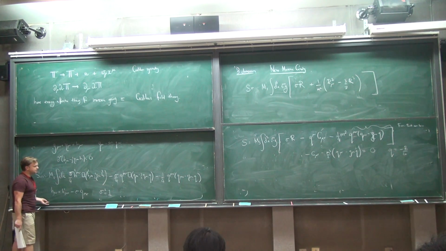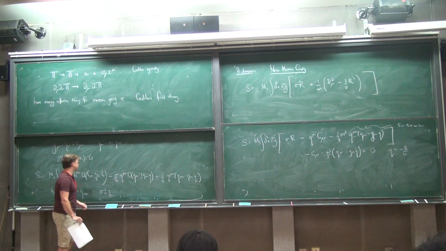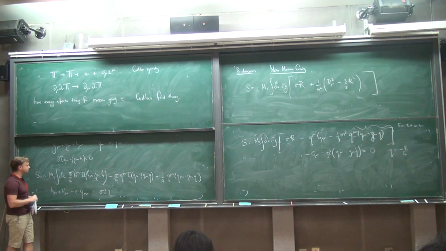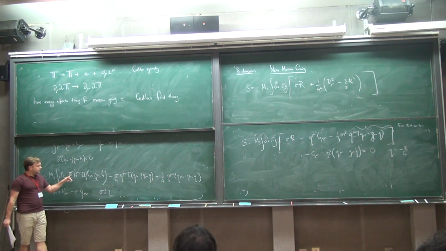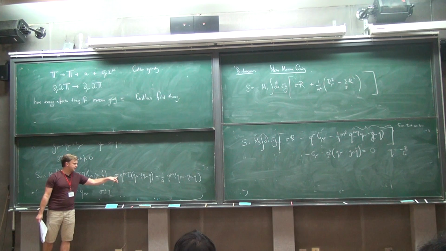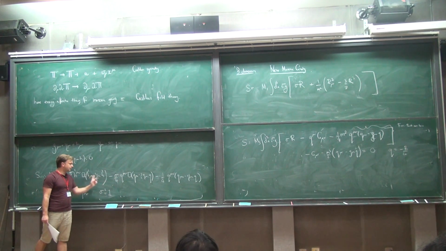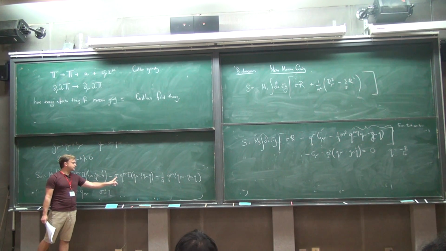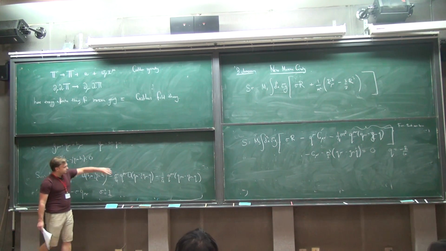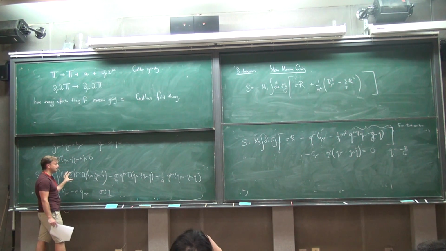And so this theory is still fundamentally a theory in which the propagating degree of freedom is a massive graviton. Now you see there's a sign difference between this kinetic term and this kinetic term, and one is always a ghost relative to the other. But we could have chosen the sign of sigma so that this one is not a ghost, or this one is a ghost, or vice versa.